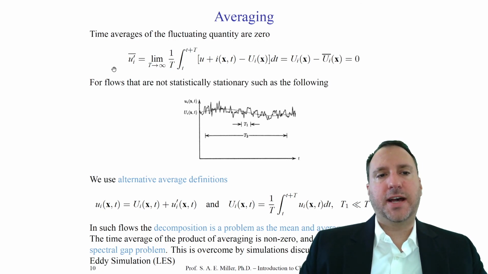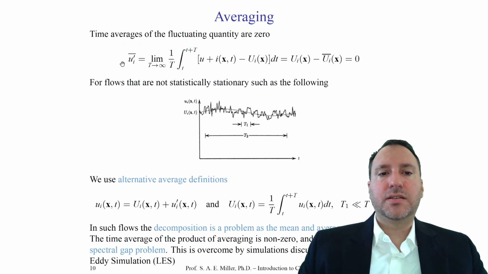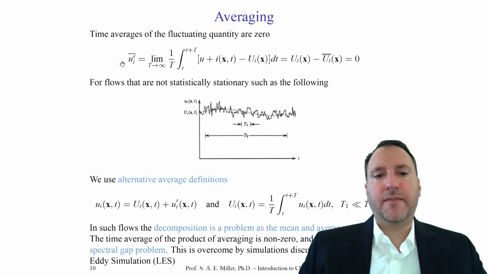This shows that the average of a single fluctuating component is 0. So for example, u sub i prime, that's the fluctuating value of the velocity in the x direction, that average would be 0, according to this averaging technique. This rule would change if we use different kinds of averaging that are weighted.